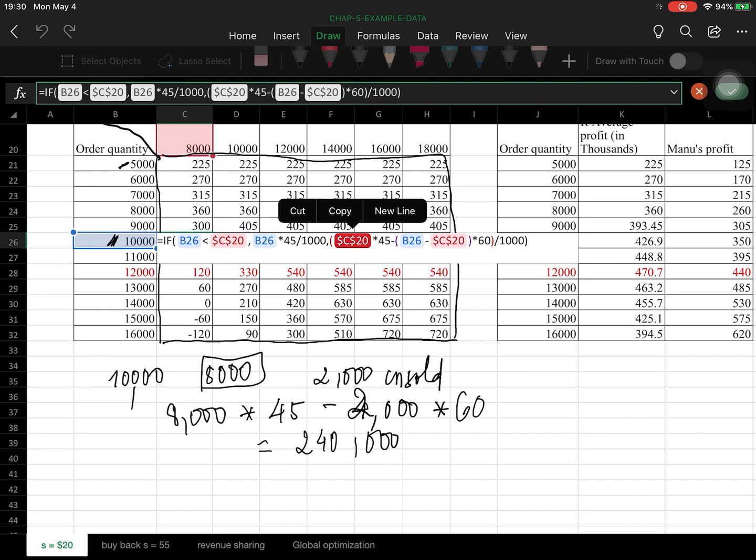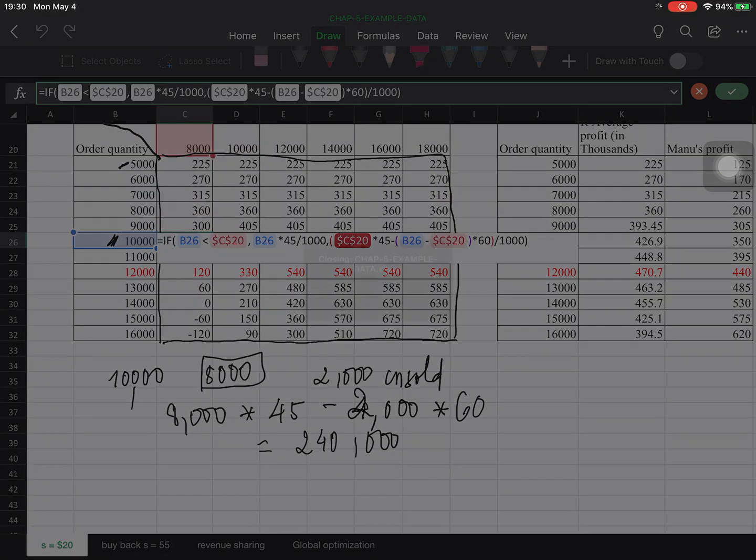So we will have the profit function of the retailer. Okay.